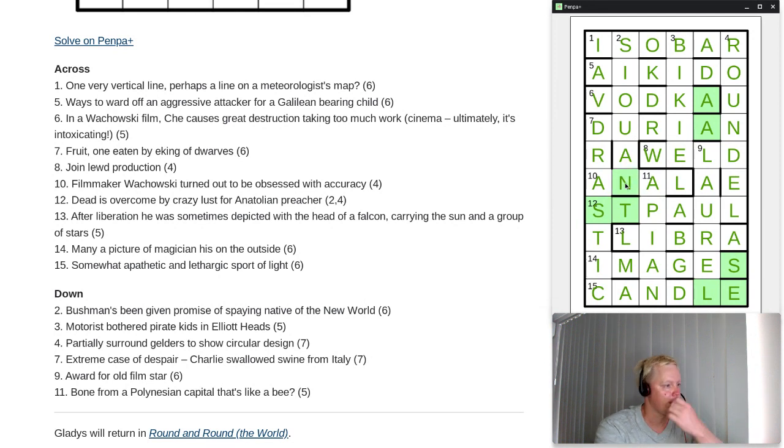Highlight that one. Then we have 3 down. Motorist bothered pirate. So this was irate. We removed the P here, the first letter. That means we are highlighting one letter, and this is the third word. So we're highlighting the third letter of the answer. The third letter of bikey is going to be this one.